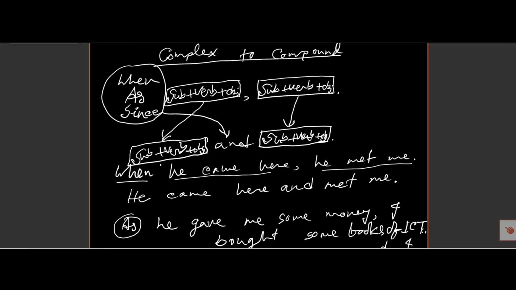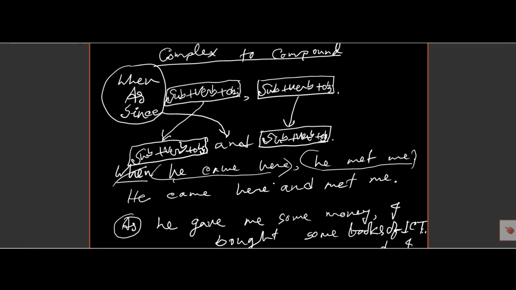This is a part of a sentence. So removing when, we must begin from this part, he came here, and instead of the comma we put and, and then the other part.